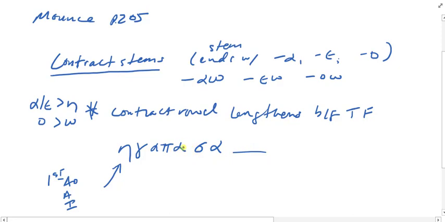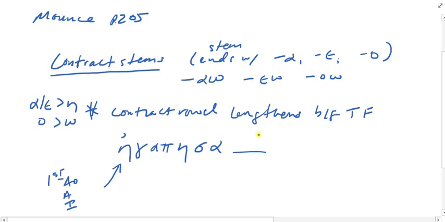Contract vowels before tense formatives lengthen, so this alpha will lengthen to what? It'll also lengthen to eta. So I'm going to get ēgapēsa, and then whatever personal endings I need for the active indicative. So ēgapēsa, ēgapēsas, ēgapēse. I loved, you loved, he loved.